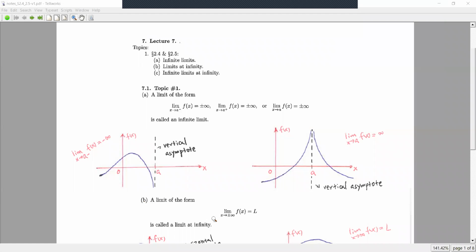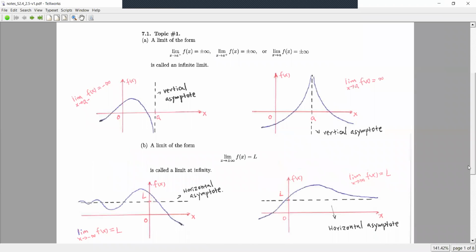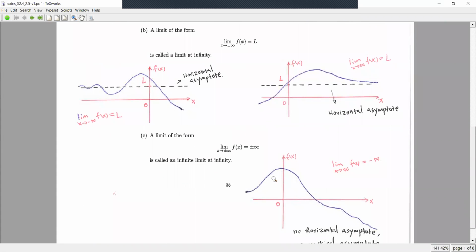B. If x approaches positive infinity or negative infinity, and the function f approaches some finite number, then the limit is a limit at infinity. Here are 2 examples. Example 1, this is a limit at negative infinity.